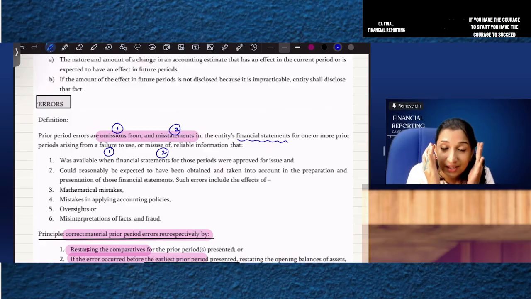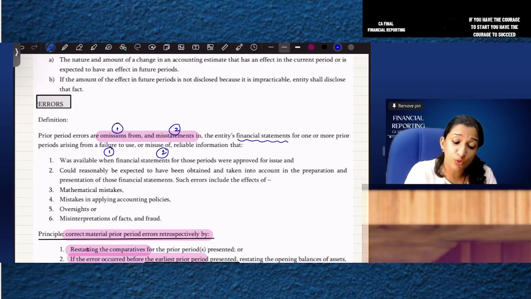Why does an error happen? Because you were not careful. Failure to use, or you misused, the reliable information.